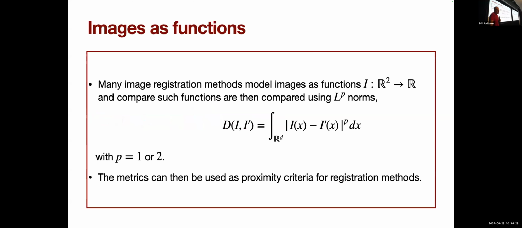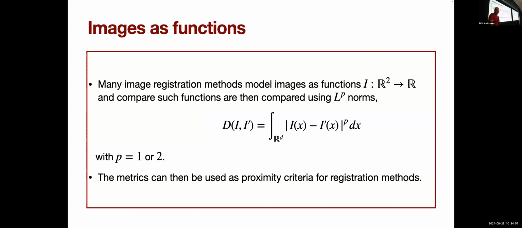When you design an image registration method, you always have to include somewhere some term that decides whether your images are similar or not. That appears in every image registration method, whether it's LDDMM or something else, like deep learning.